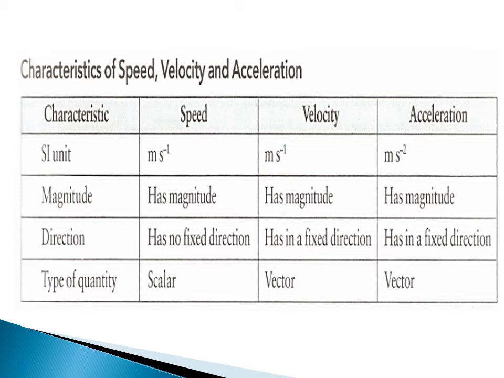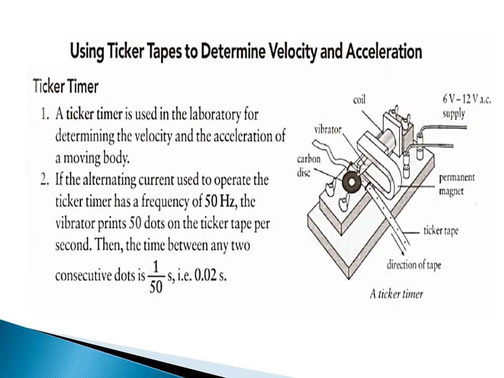For direction, speed has no direction, but velocity and acceleration have a fixed direction. For type of quantity, speed is scalar, while velocity and acceleration are vectors. Vector means they have direction. Now we want to learn more about the ticker tape to determine the velocity and acceleration.